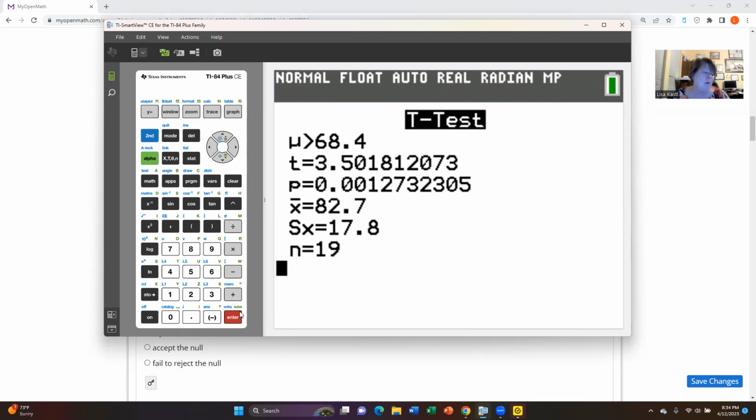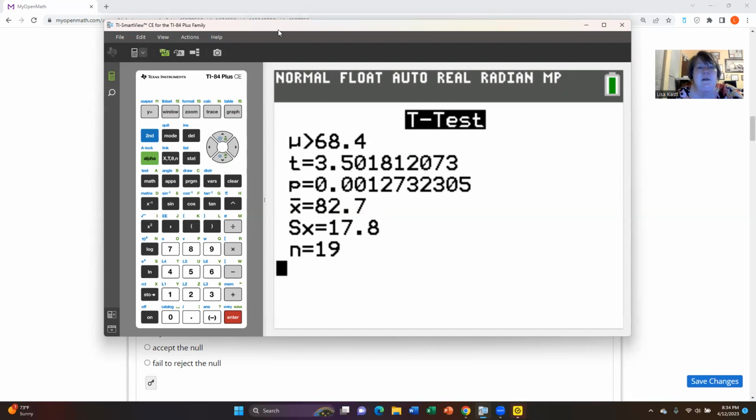All right, so my test statistic is 3.052. My p-value is 0.001, which is small. It's smaller than alpha. If the p is low, the null must go. So we are going to reject the null hypothesis because the p-value is smaller than the alpha.